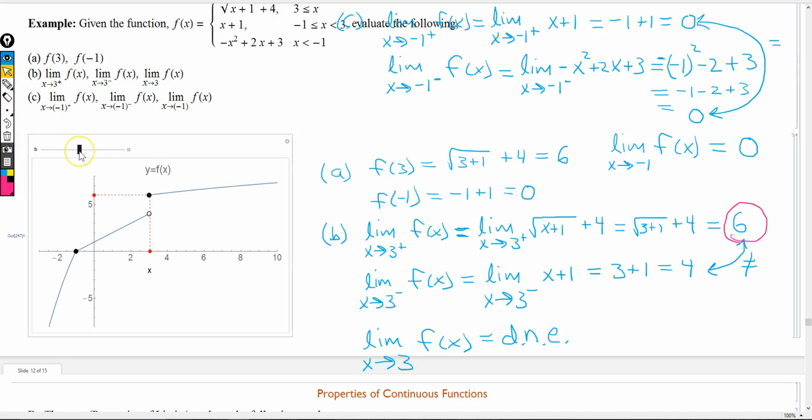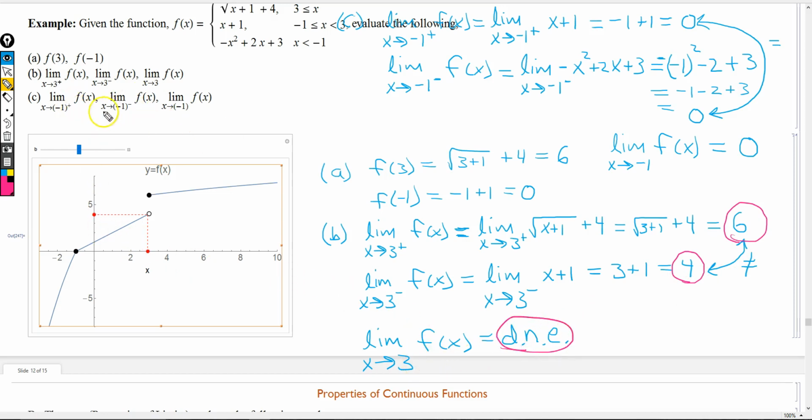And then as x approaches 3 from the left-hand side, it looks like my function values are getting closer to 4 on the y-axis. So that's verifying this right here. And because those are not the same, the full limit down here does not exist as x approaches 3.